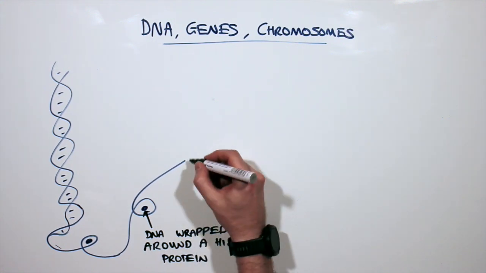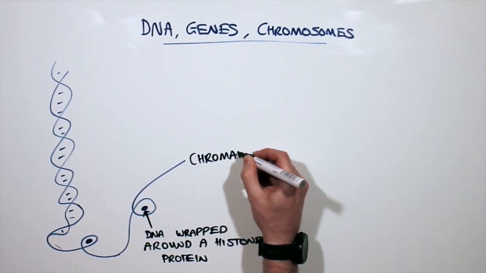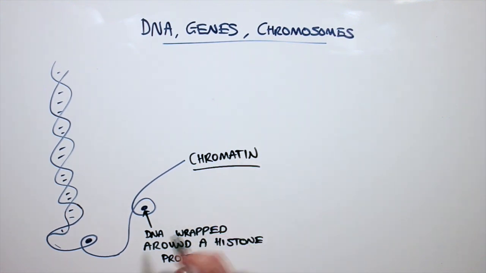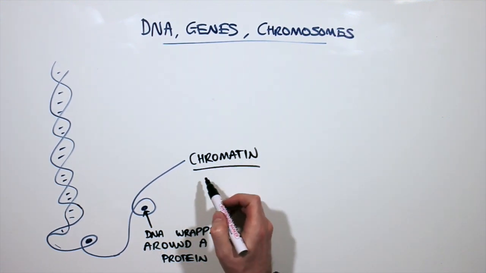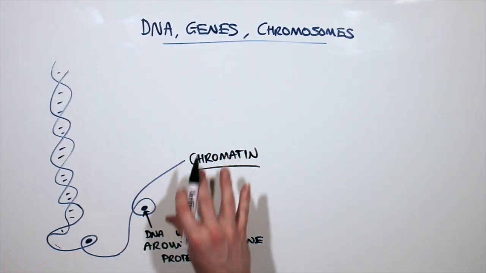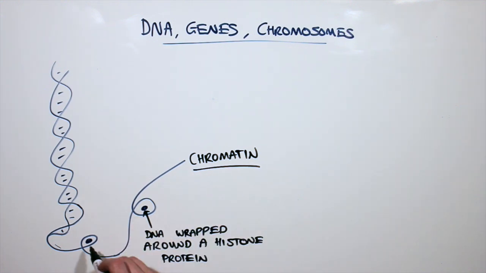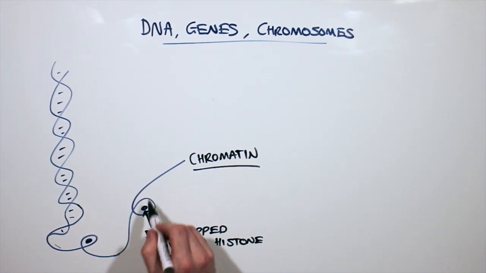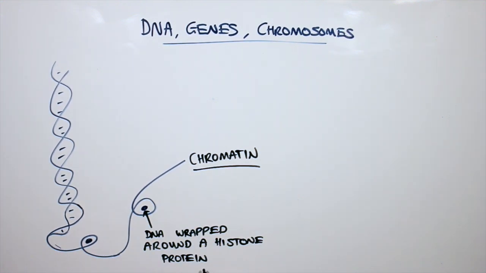And what that forms is chromatin. So chromatin is condensed DNA, where the DNA has been wrapped around these histone proteins.